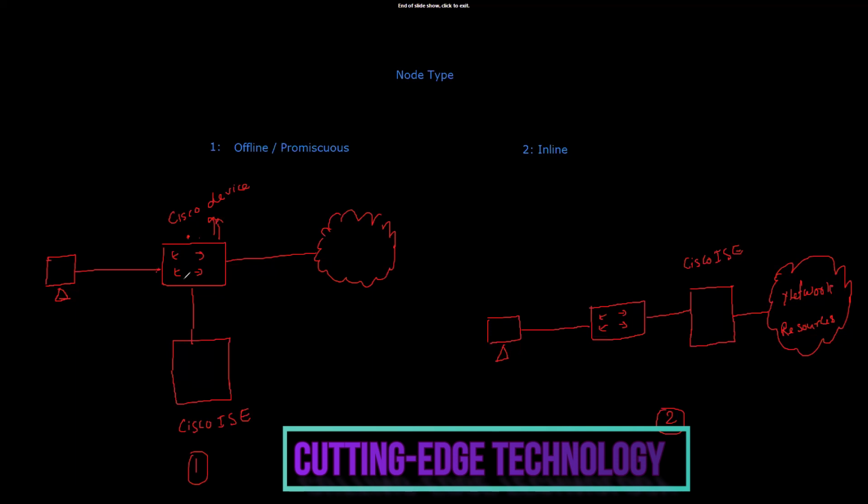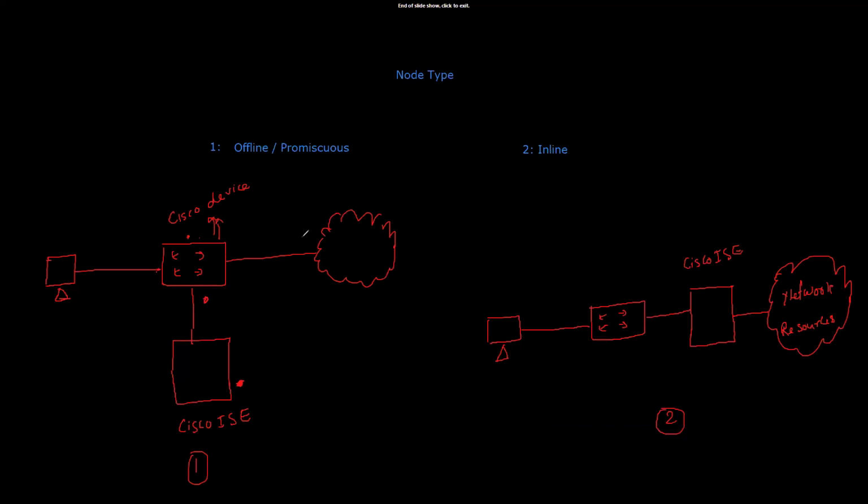Whatever ISE is saying, the switch needs to follow because they are from the same vendor, they know the dependency, and they are highly compatible with each other. But what if this is not a Cisco device?